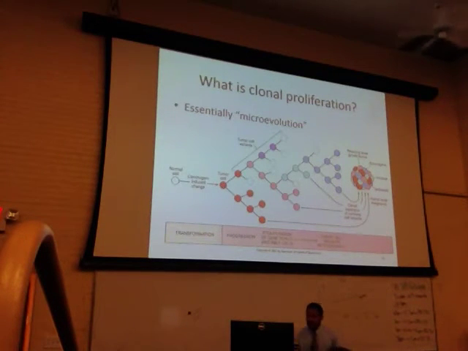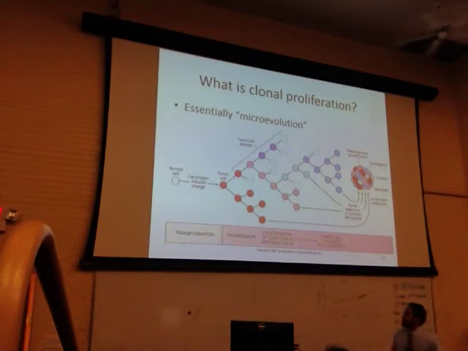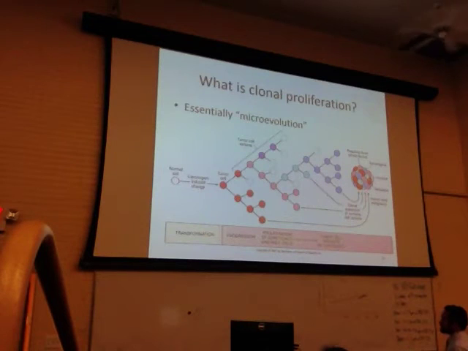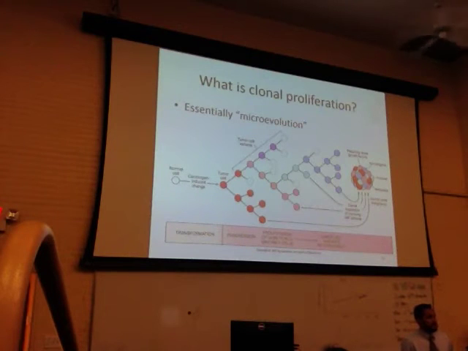So if you follow this little diagram, we call it clonal proliferation, but it's really this idea of a cell evolving into something else. And it happens extremely fast. This does not take hundreds of years, thousands of years, right? In some patients, unfortunately, this happens within weeks to months.